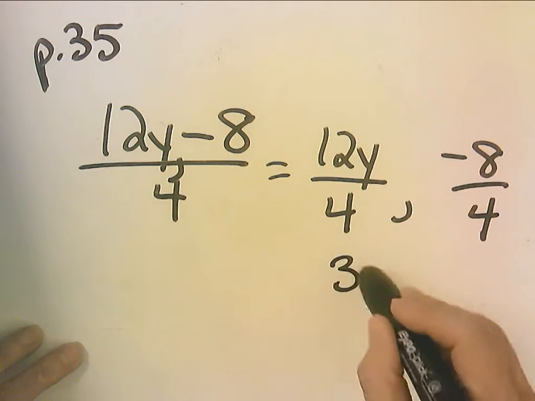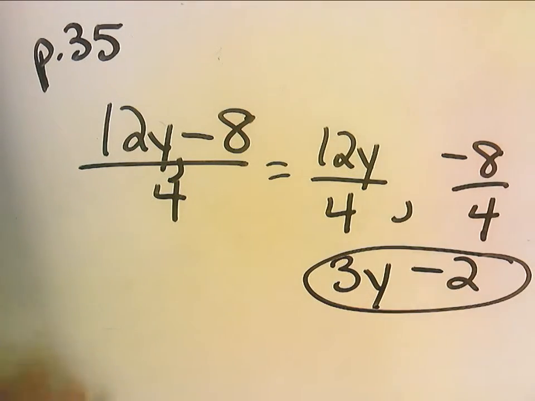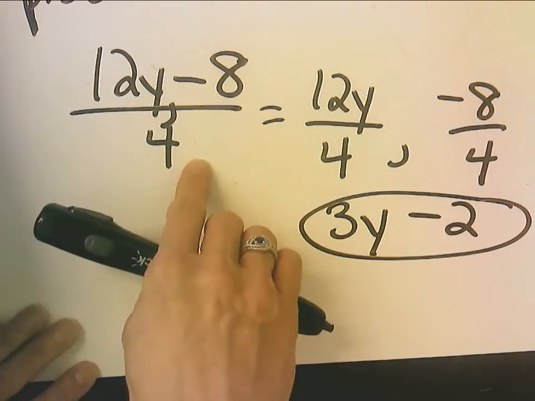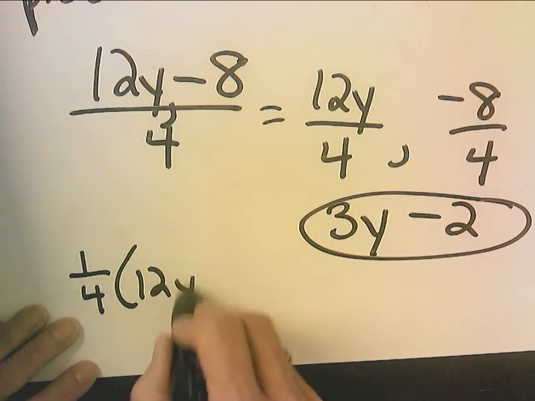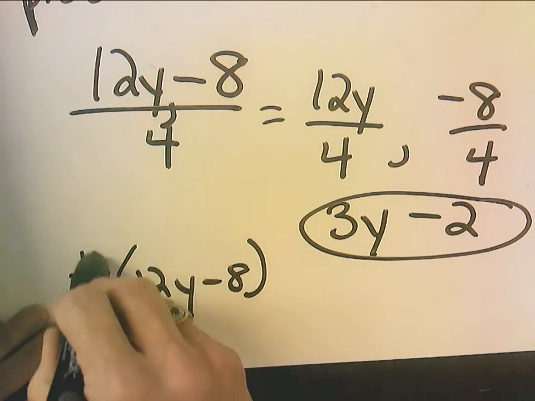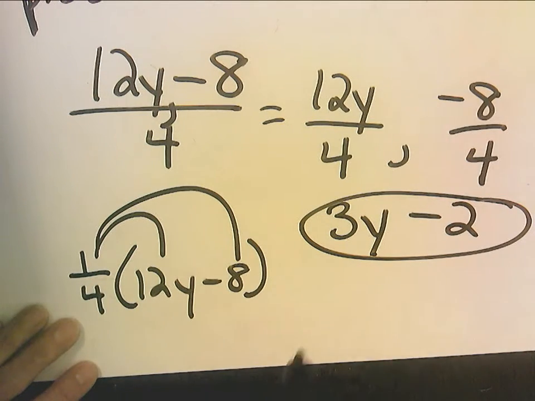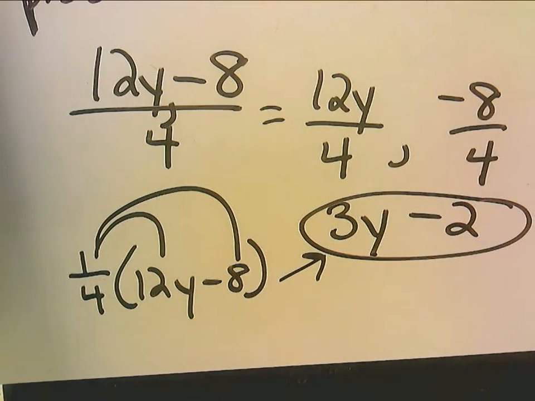This becomes a 3y. This becomes a negative 2. Or I can think of it as dividing by 4 is the same as multiplying by 1/4.